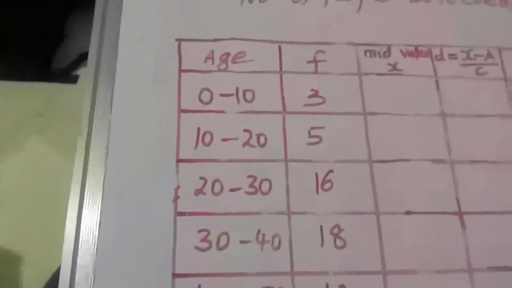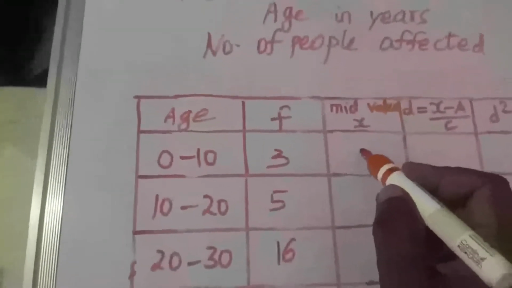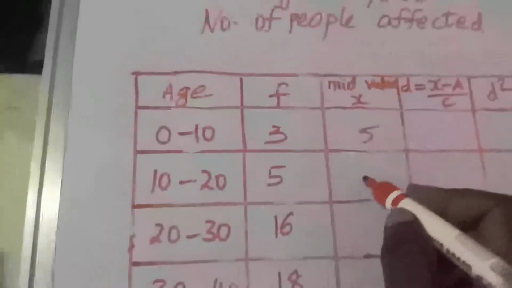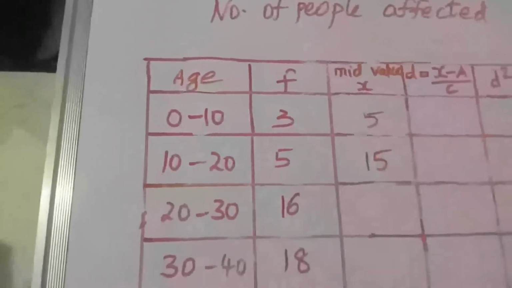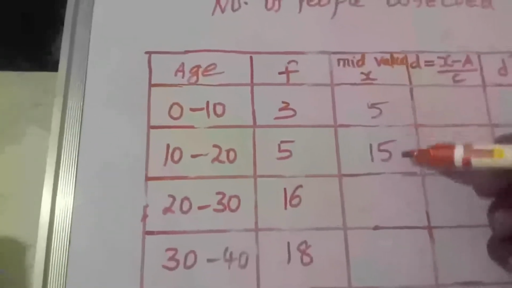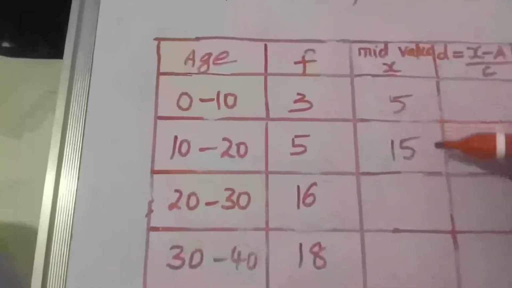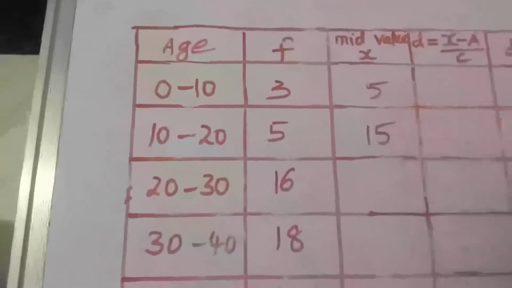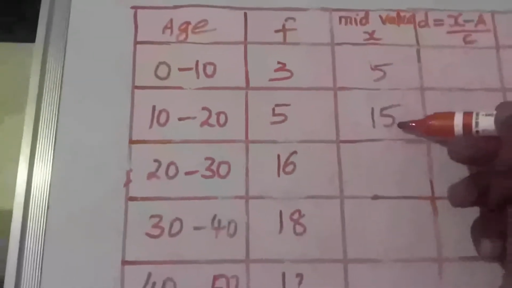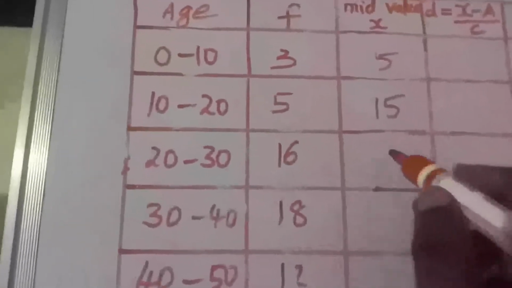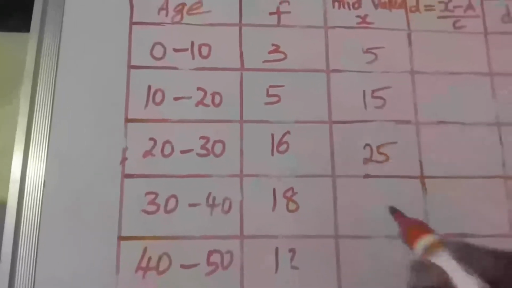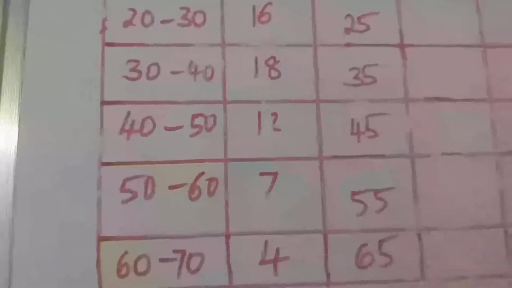So for the first class, 0 to 10, the value is 5, followed by 15. Now you see the increment in both values, 5 and here it is 15. How much is it increased? 10. So next it will again be incremented by 10, that means 25, 35, 45, 55 and 65.